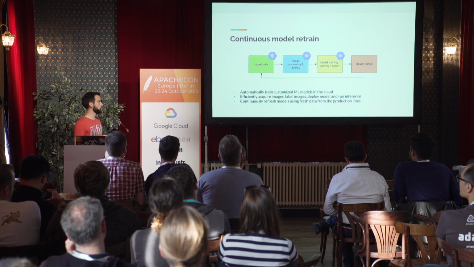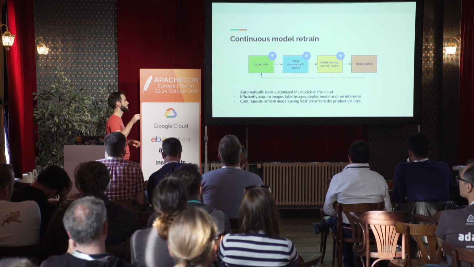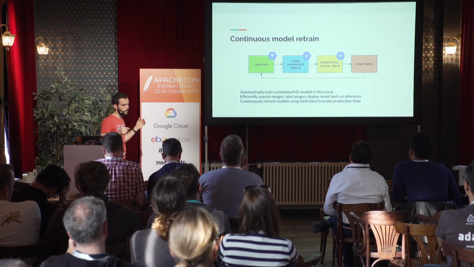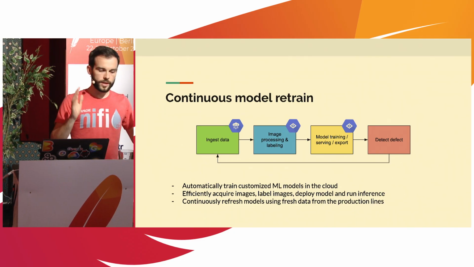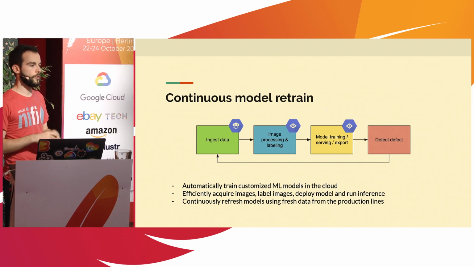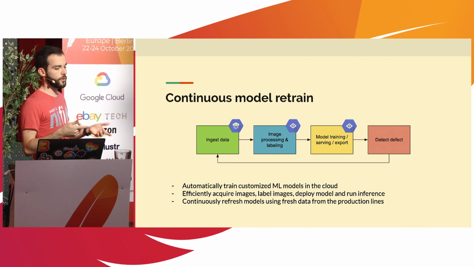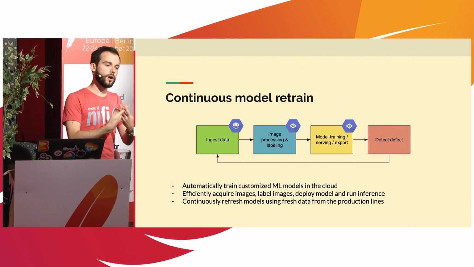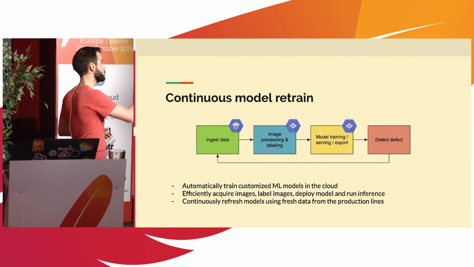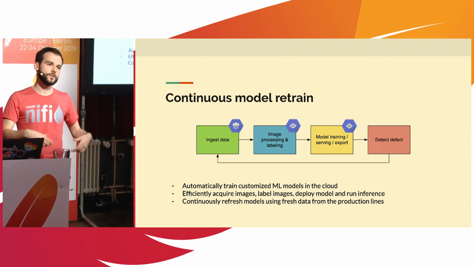What we are trying to do here is to have a continuous model retrain, including a feedback loop. When we have trained a machine learning model, that's great. We are deploying it on the edge, amazing. But obviously, your model is going to evolve, because maybe you are going to detect new features with broken cookies that your model is not able to detect.